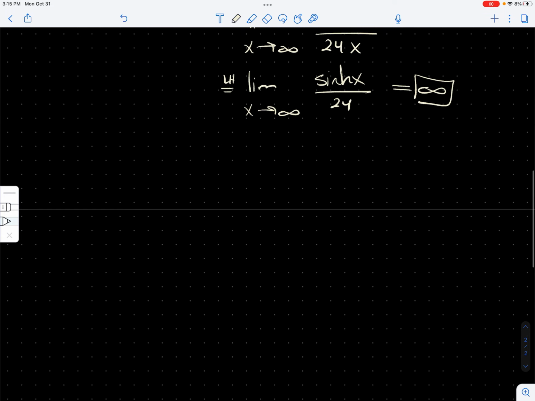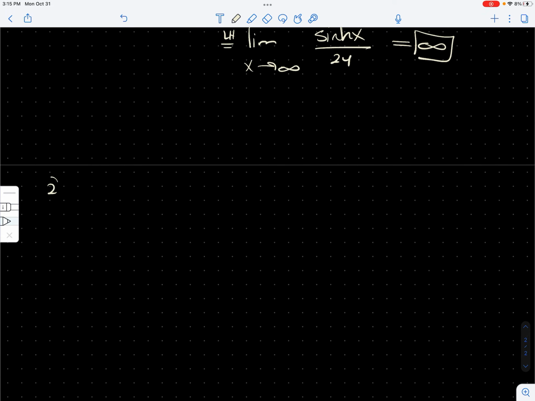Okay, number 2. Let's look at, what do we have? The limit as x goes to 1 of x cubed minus 1 over x to the 4th minus 1. Here, the form is, if we plug in 1, we get 0 over 0.